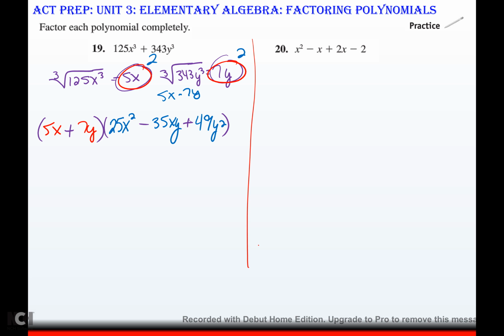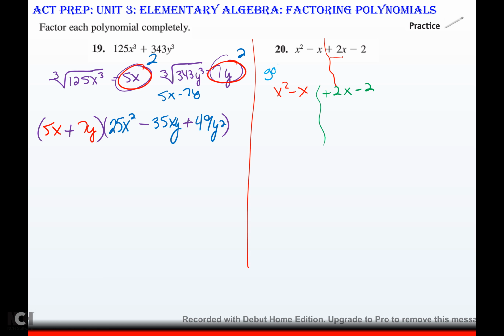So for 20, again, my instinct is to combine like terms. But again, 4 terms, we're going to split it 2 by 2. So I have x squared minus x plus 2x minus 2. That splits in half. GCF, GCF, GCF again.